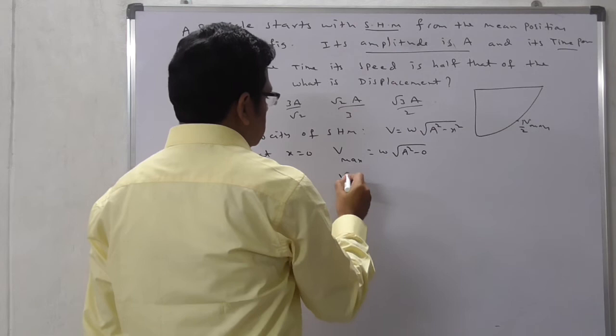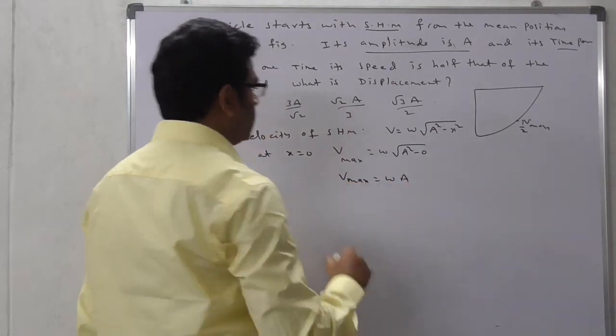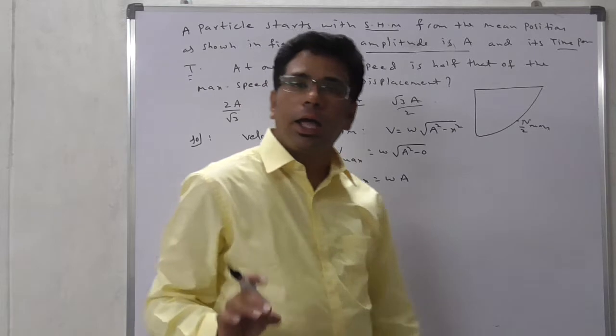Substitute 0. So V max equals omega A. So we have a formula for velocity: V is equal to omega into root A square minus x square, and V max is equal to omega A.